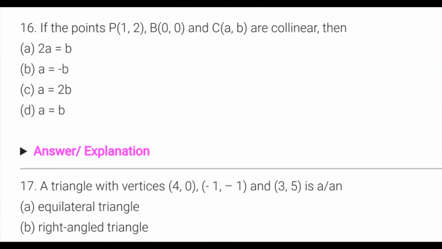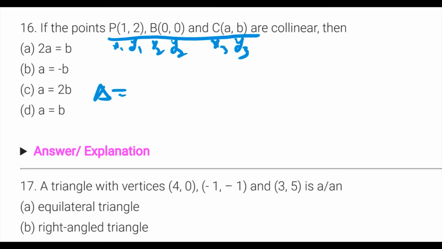16th question. If the points are collinear, then, so given these 3 points are collinear, we'll apply the area of the triangle. Let's say this is x1, y1, x2, y2, and x3, y3.